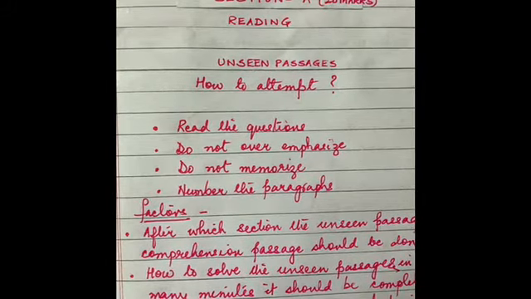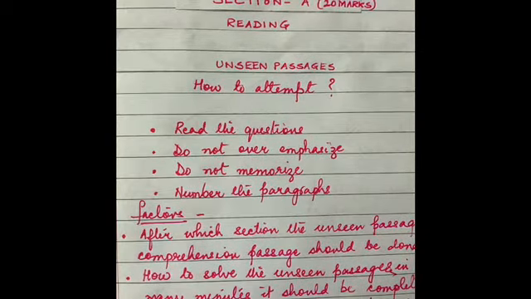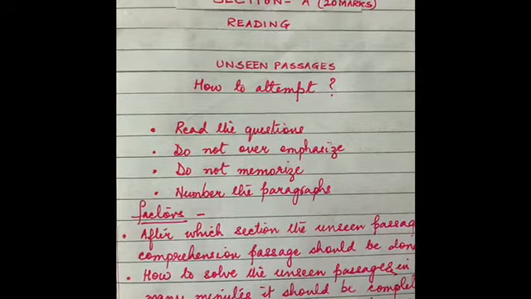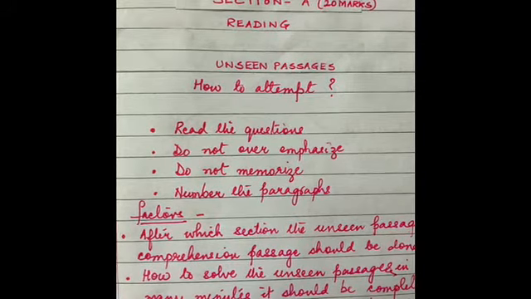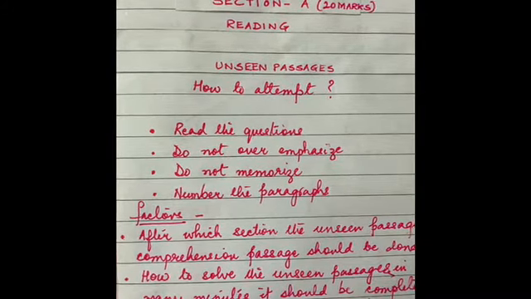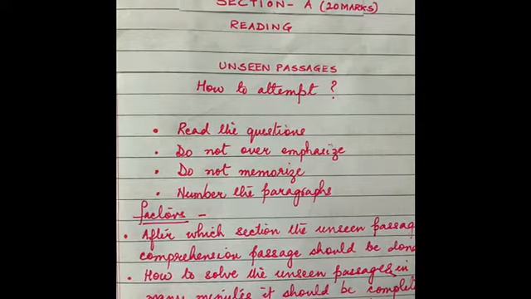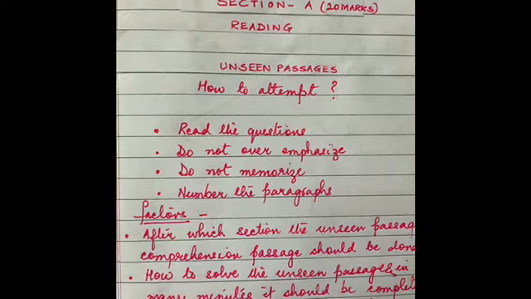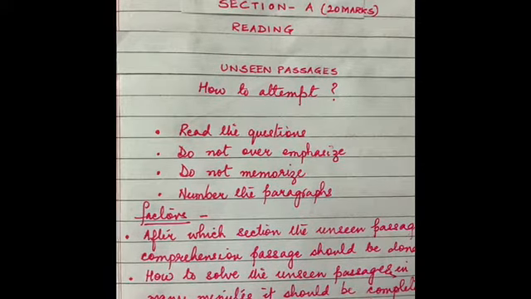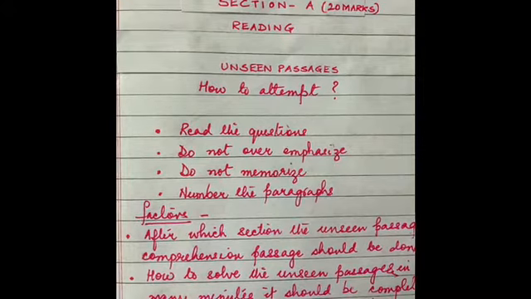That means for solving the 2 passages, you will have 30 minutes with you. And within 30 to 35 minutes, you should solve the 2 unseen passages. Fine. So I hope it is clear to you that reading section should be picked up after the completion of the literature section and the writing section. And only 30 to 35 minutes time should be given to solve both the passages.